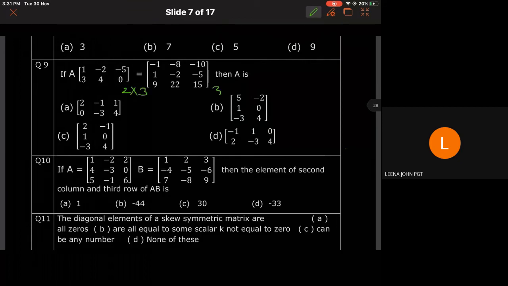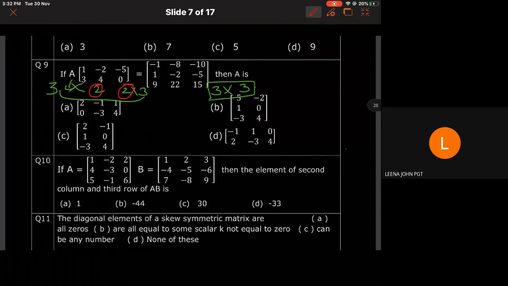And this is of order 3 by 3. Then what must be the order of A? So order of A must be, this final product is 3 by 3, means you will be getting here 3 by 2, so that this 2 gets absorbed and you will get a 3 by 3 matrix.